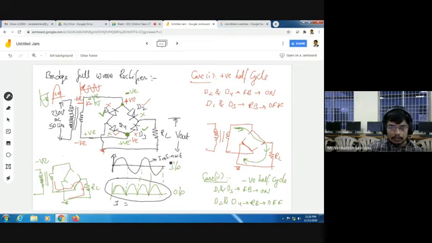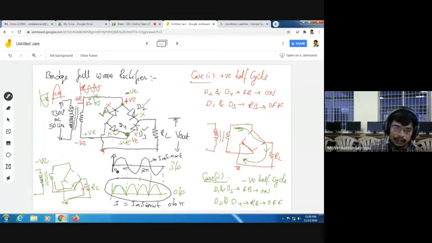The equation for the input waveform is, see here, for the first half cycle, the time period for a sine waveform is 0, pi, 2 pi. See here for the first half cycle, our output waveform is the same as the input waveform. So for the first half cycle, whatever the input equation is, it is the output equation. It is for 0 to pi.